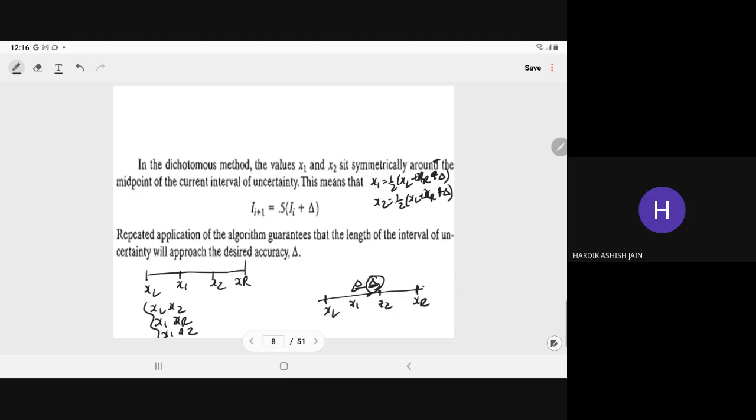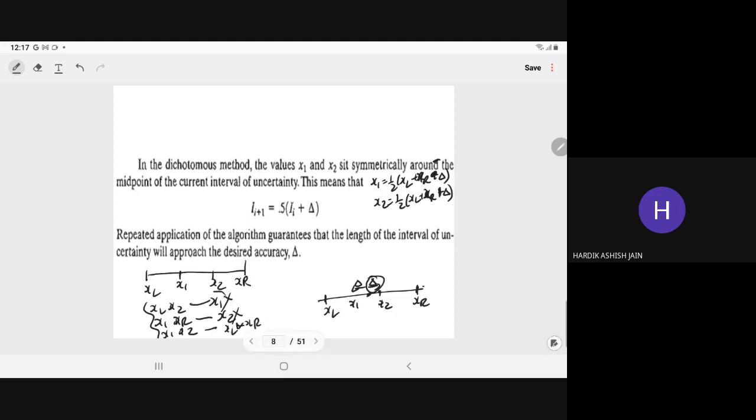Only one is used at a time. In the first we are discarding x1, in the second we are discarding x2, and in the third we are discarding xl and xr both.